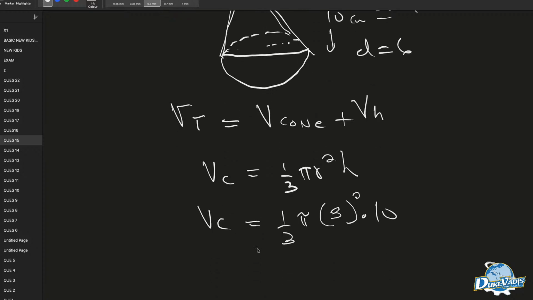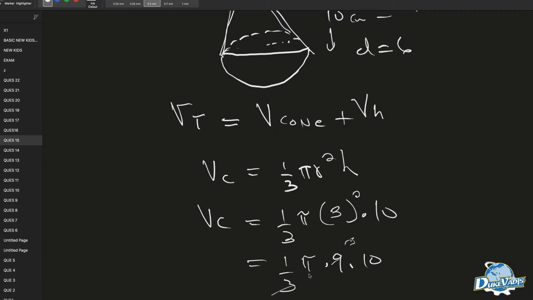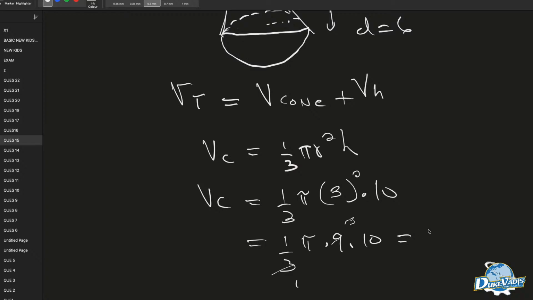If we simplify this we get 1/3 pi times 9 times 10. This 3 cancels, so the answer is 30 pi. So VC, the volume of the cone, is 30 pi.